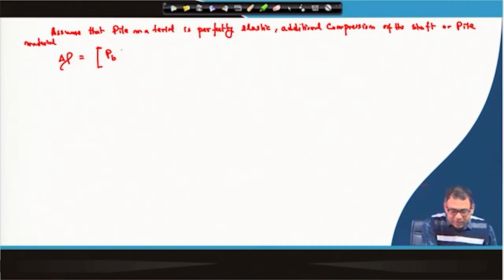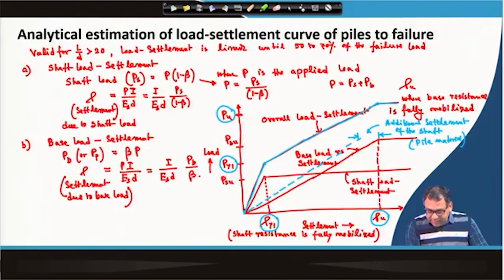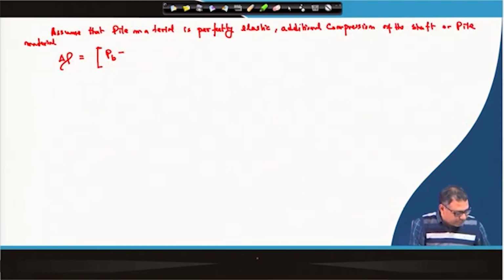So, how much is that load? You can see that the total load is P y 1. The total load at PSU is equal to P y 1. What does it mean?